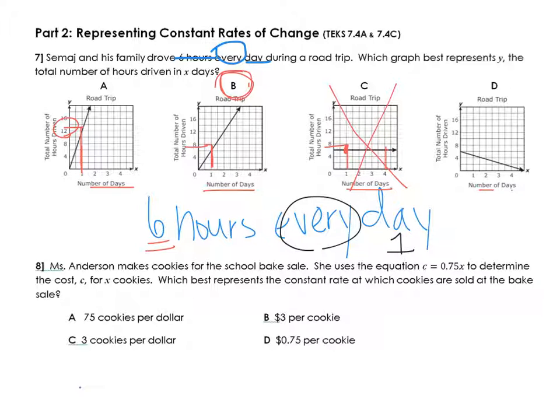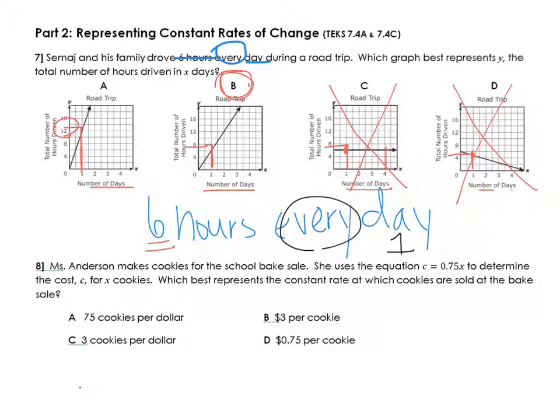D is decreasing, so already that looks wrong. And when I check the unit rate, sure enough, 1 is not lining up to 6. It's lining up to more like 5 or so. So D is not my correct choice either. So B is the one that is showing me 6 hours per day.